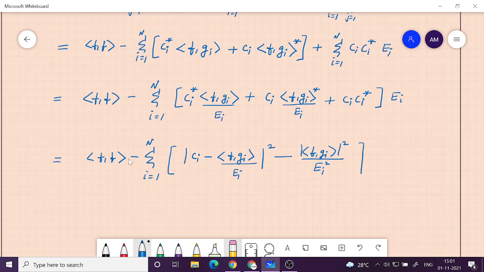Okay, so this is multiplying ei. Is it clear?